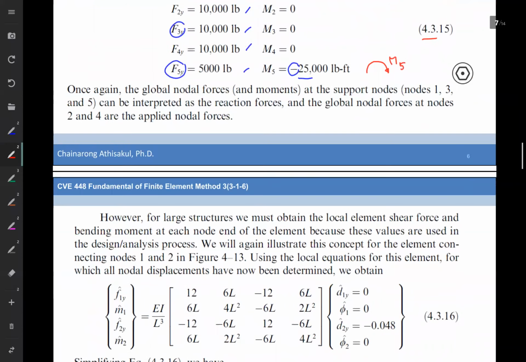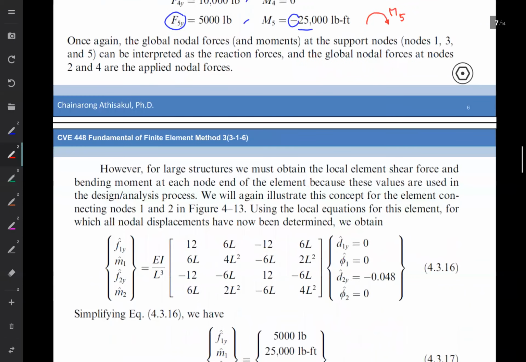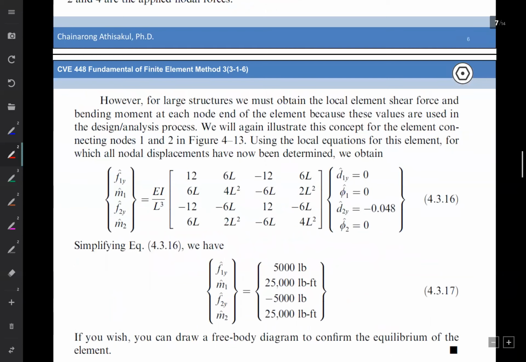And if we would like to draw the shear force diagram and bending moment diagram, we have to determine the internal force, that is, we will obtain the force at node for each element. According to this, we will have the total force at each element.